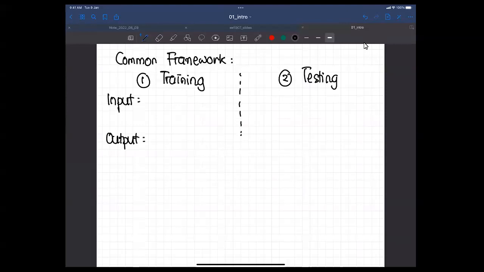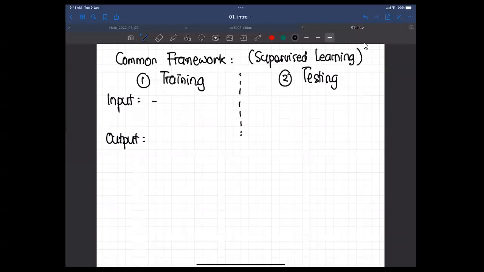So for the training, assume that you use what is called supervised learning. In supervised learning, you have training and testing. Actually, in unsupervised learning, you also have training and testing in most cases. But let's assume we have supervised learning. What will be the input of your training stage in supervised learning?